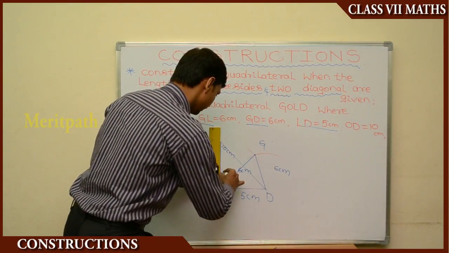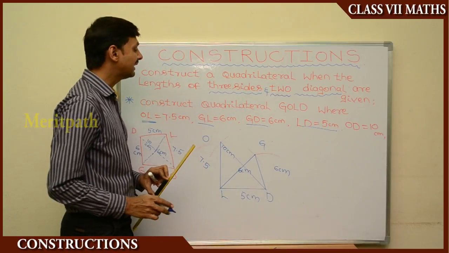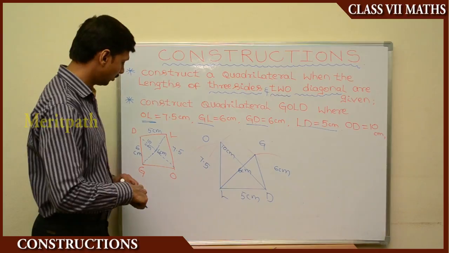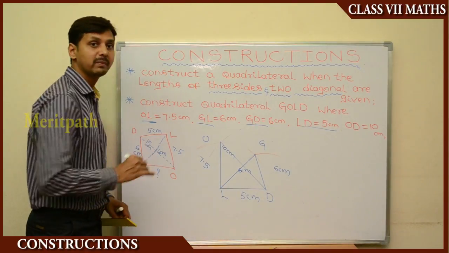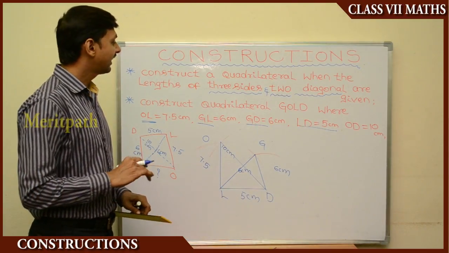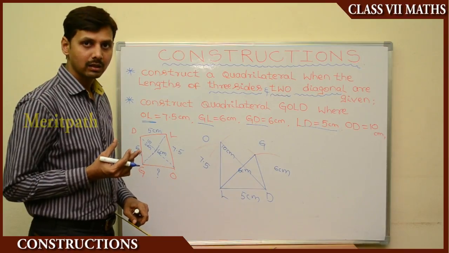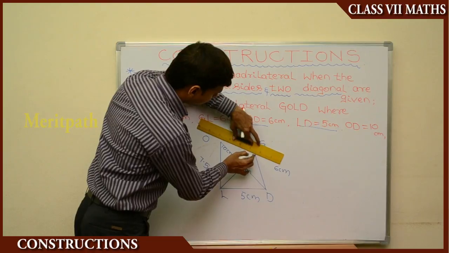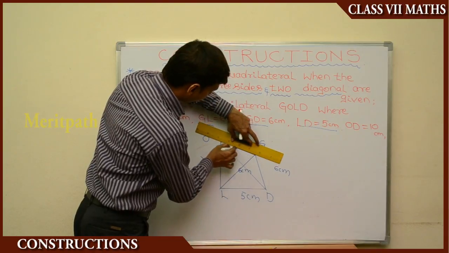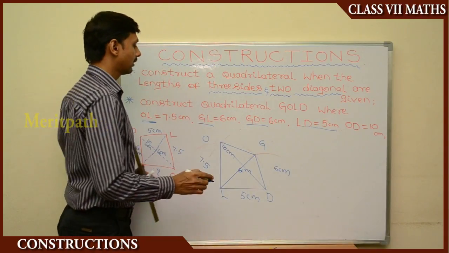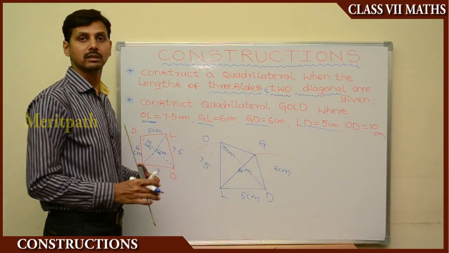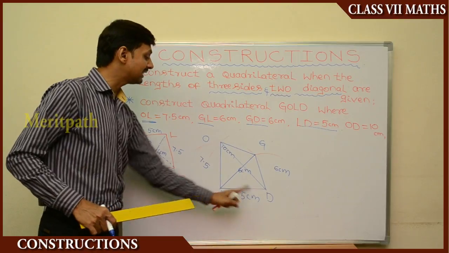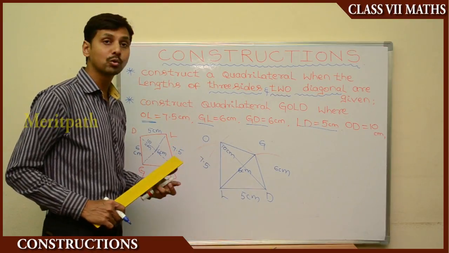OL is this one. So finally, we don't have the OG. We don't know the measurement of OG. So let's join this OG without knowing its measurement. So finally we got the GOLD quadrilateral using the two diagonals.